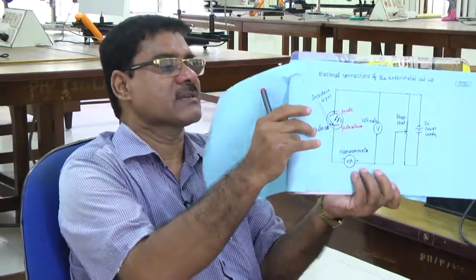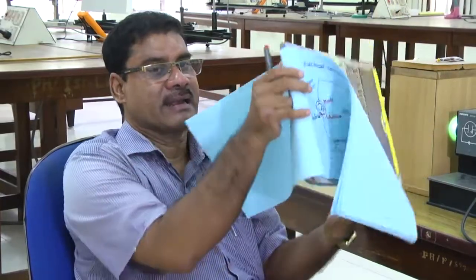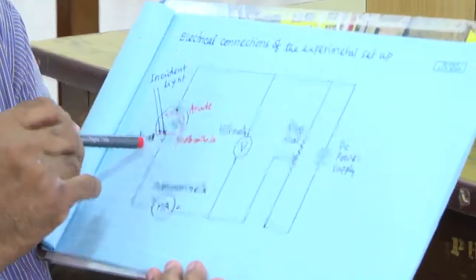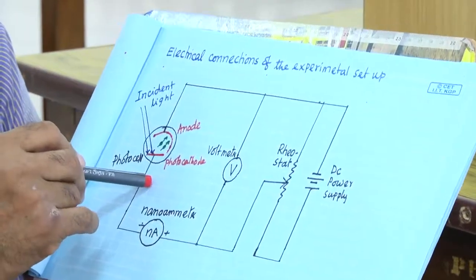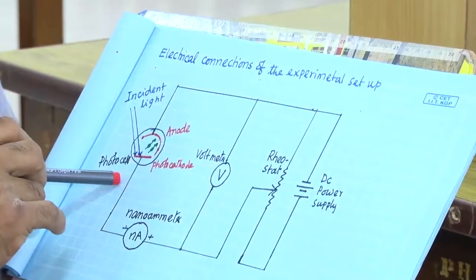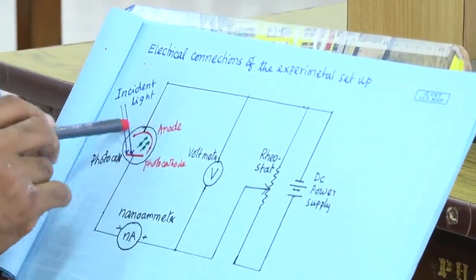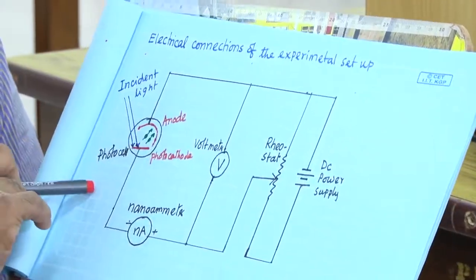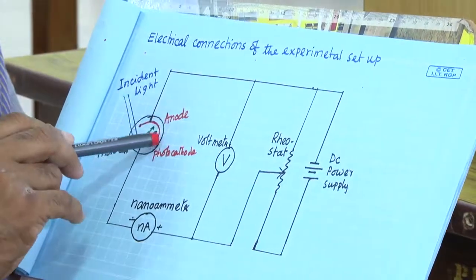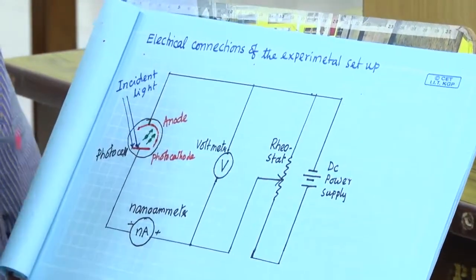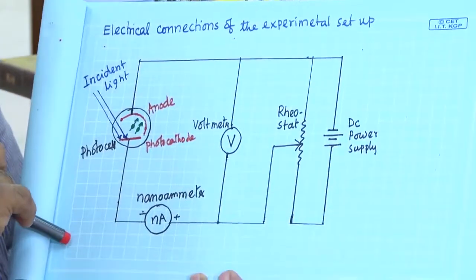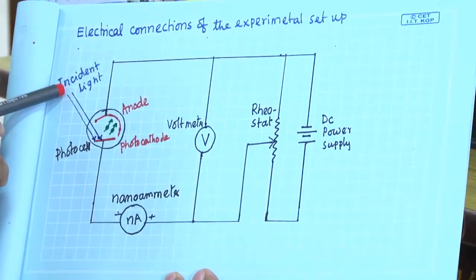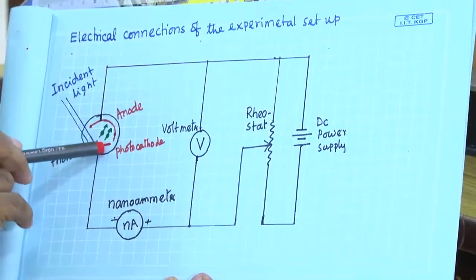For this experiment, this is the electrical circuit we will use. It is a compact one. We have the photocell. In the photocell there is a photocathode and an anode. Light will fall on this cathode.